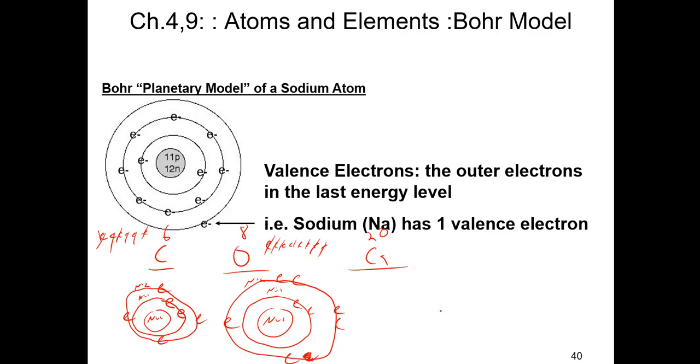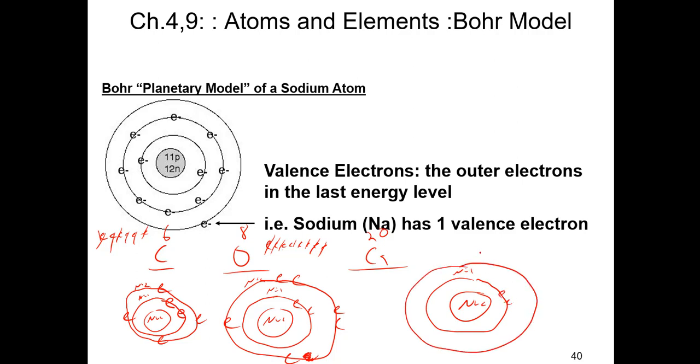Now let's do calcium. Let's get a lot of big space here. There's my nucleus for n equals 1, 2 electrons. Here is the second energy level. Now you can go ahead and write out all the electrons and then scratch them out, or you can just start to count like I'm doing.